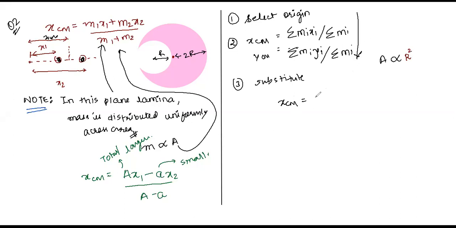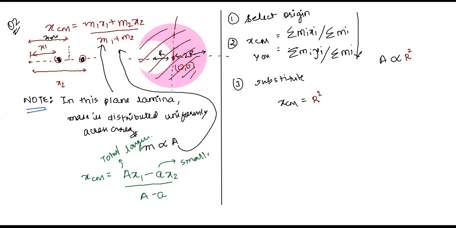So we have here r square into x1. Now, how do you find x1? Let's take some origin. Let's say this point itself is origin, and this is the x-axis. So what is the value of x1 then? What is the position of the center of mass of this entire disk from the origin?